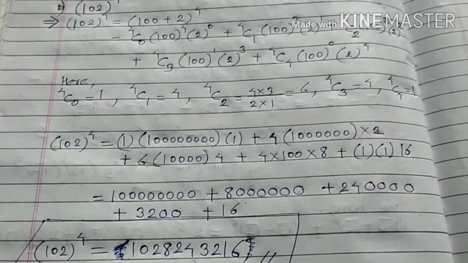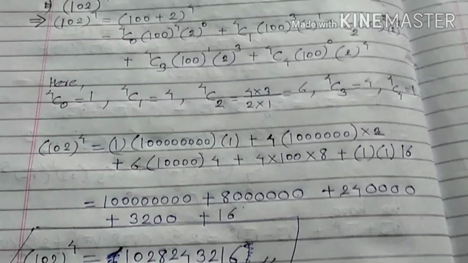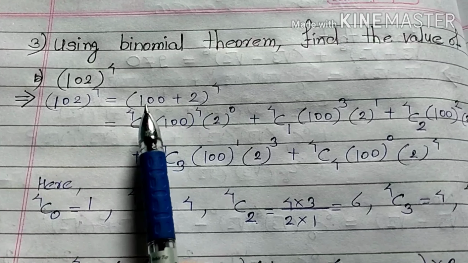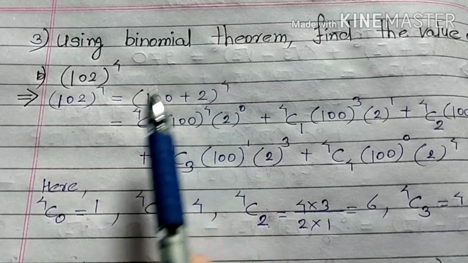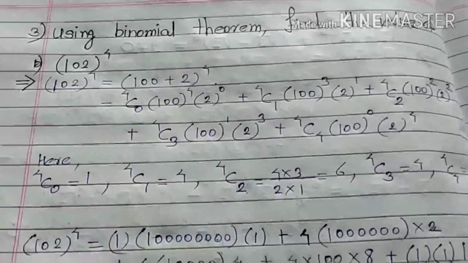Okay. So it is very simple, but here you have to take two terms because you can expand it by using binomial theorem. So here take two terms like 100 plus 2.